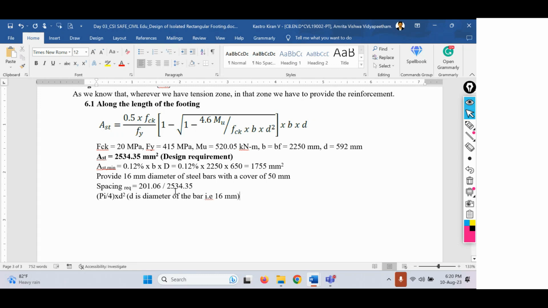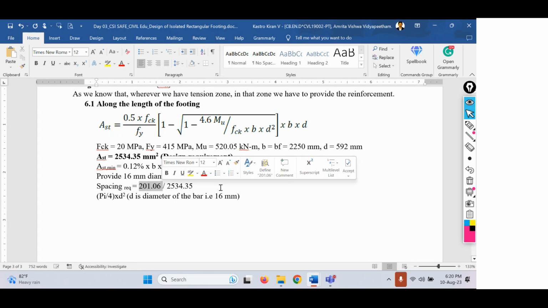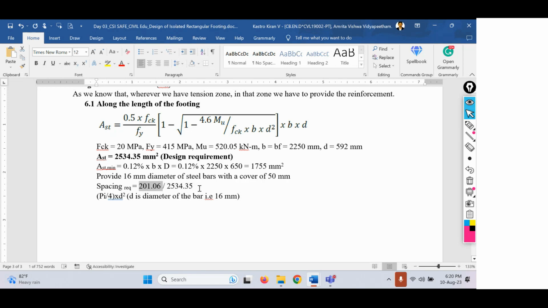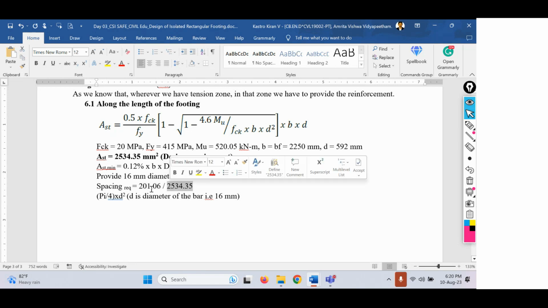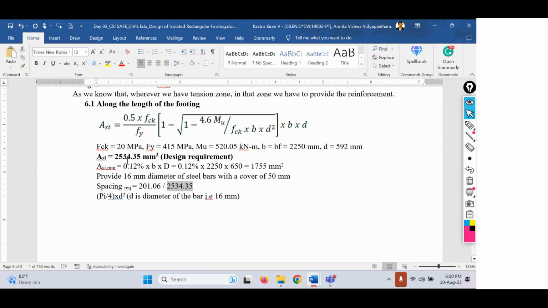So from this, we are going to get the value of 201.06 upon the design reinforcement requirement, which is 2534.35. Once you solve this, you're going to get the spacing value. The spacing value will come as 178.5 mm.